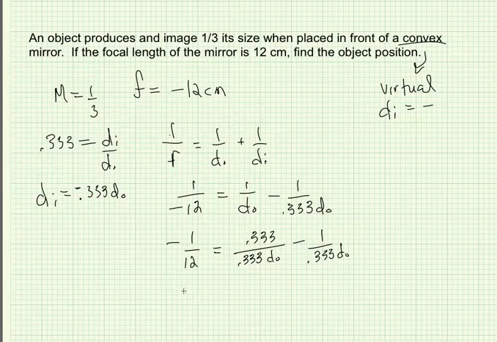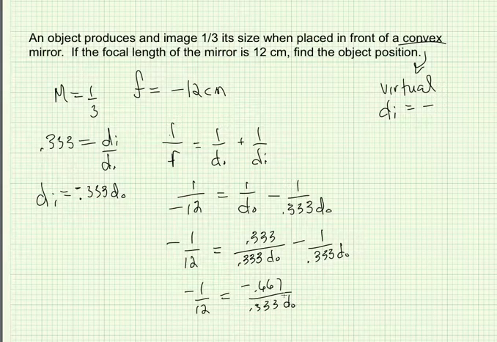And since this is negative 1 over 12, when I take 0.333 minus 1, I'm going to get negative 0.667. And that's helpful because my negative signs then will cancel out. And we do a quick calculation. You can see that that's 2. So my object distance then is simply going to be 24 centimeters.